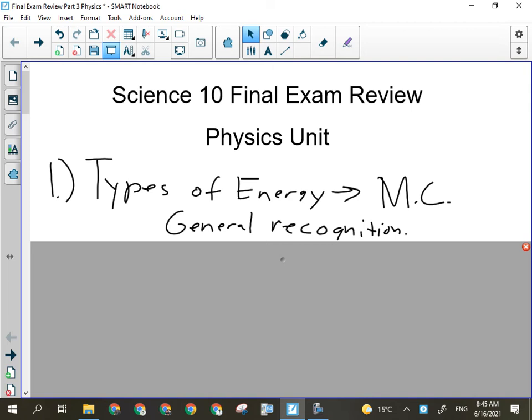One of the multiple choice questions was something like, the energy in a rolling bowling ball would be best described as A, chemical, B, nuclear, C, mechanical, or D, magical. I can't think of the fourth one. Something like that. You'd have your forms of energy to be able to recognize it. So general recognition, recognize the types of energy right from there.